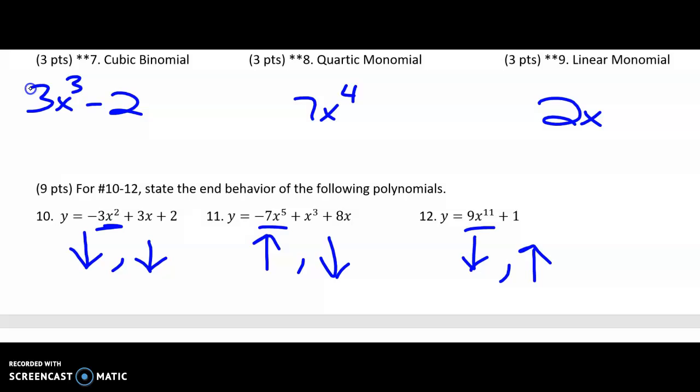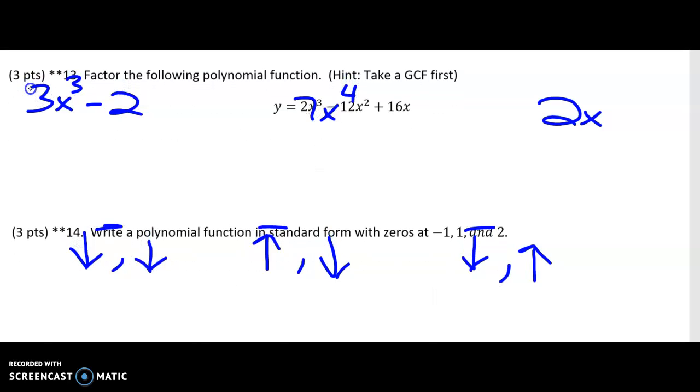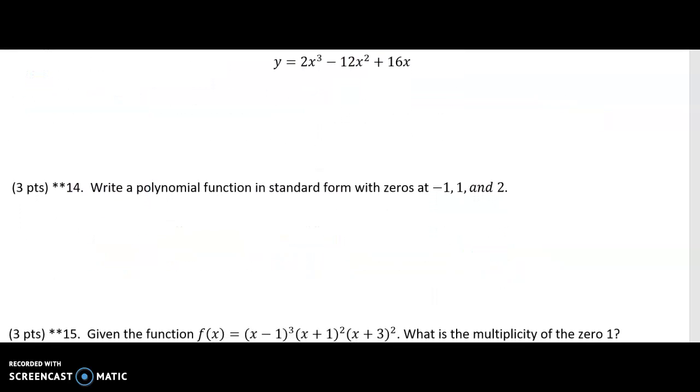Should be pretty straightforward. Okay, number 13 says to factor, and it says find the GCF first. Okay, the GCF here, this is nice. The GCF is 2x, okay? If I take out a 2x, I divide everything by 2x, I am left with x squared minus 6x plus 8.